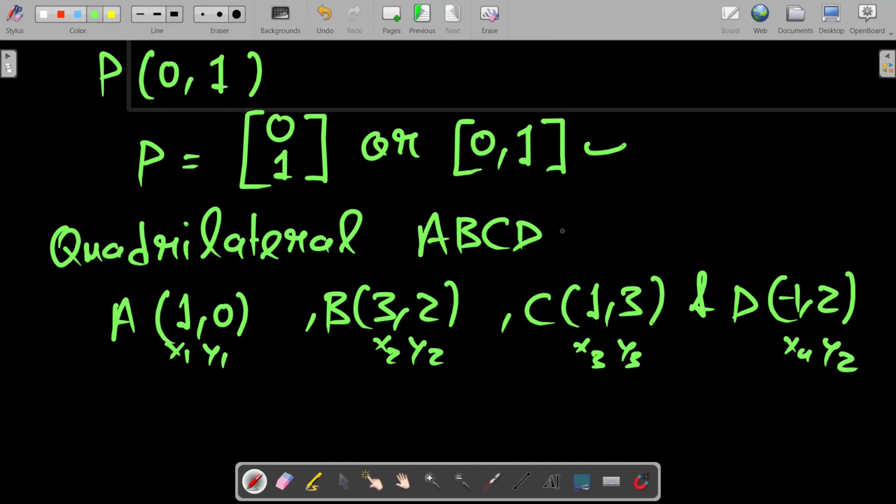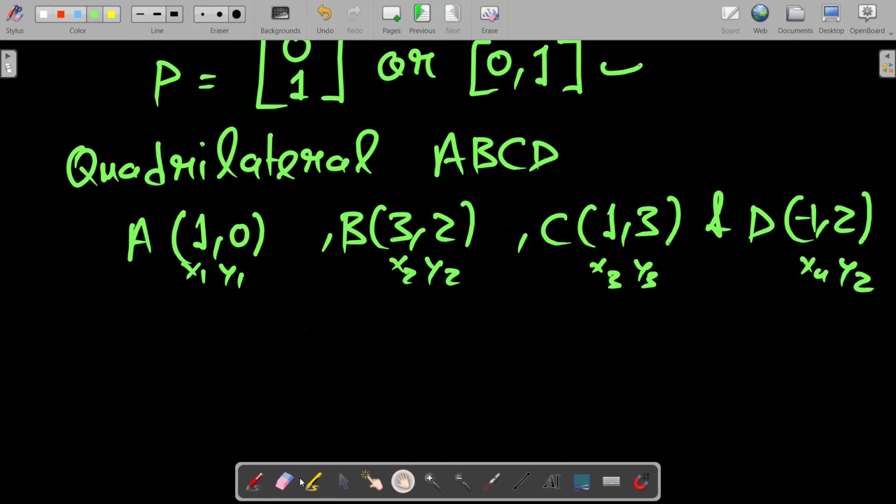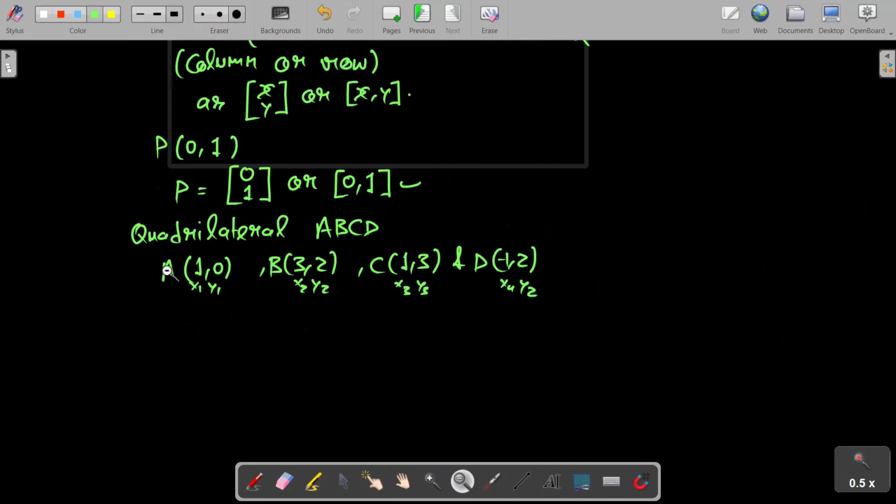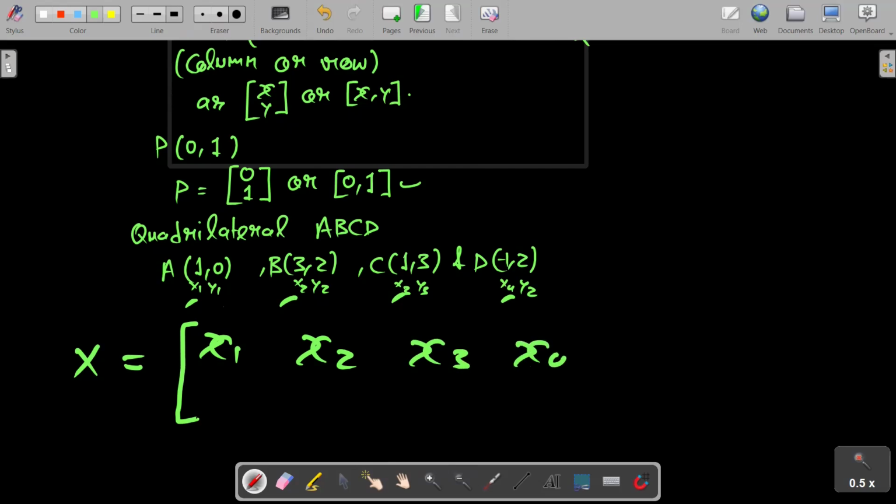And we have to represent quadrilateral ABCD in the form of a matrix. So we will represent like this. Just see. If we are representing our matrix by X, so here we will write all x, that is x1, x2, x3, and x4 in one row, and y1, y2, y3, y4 in second row.